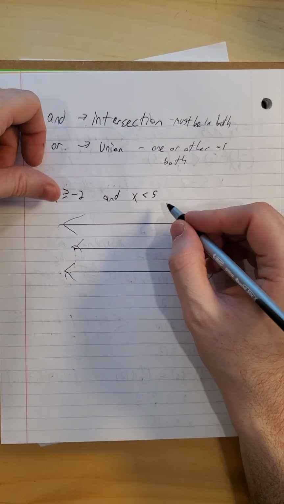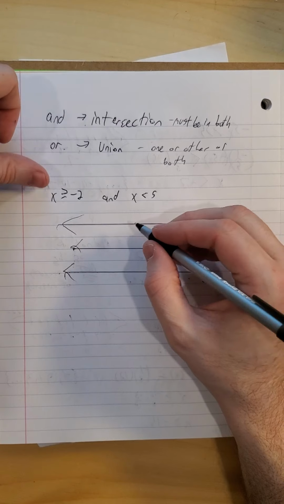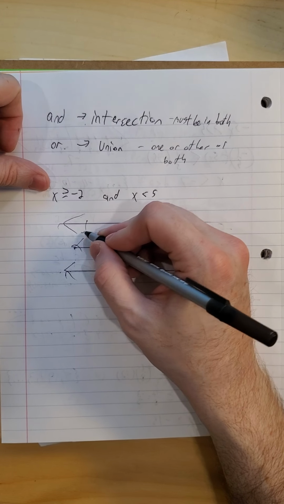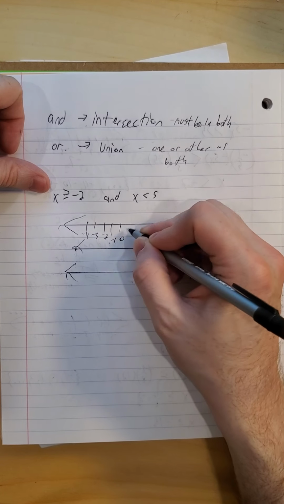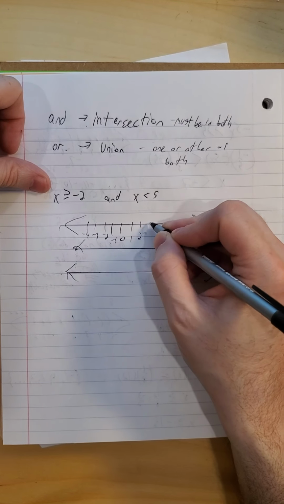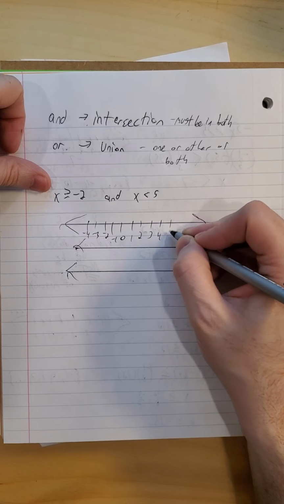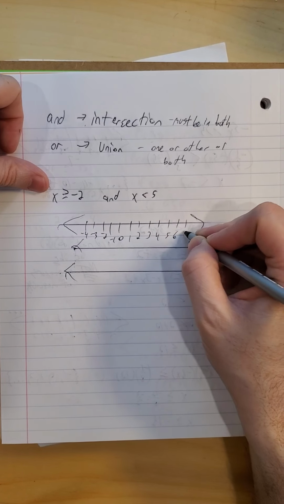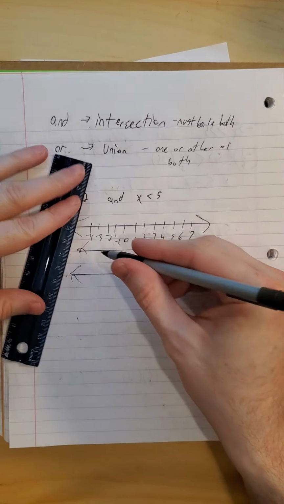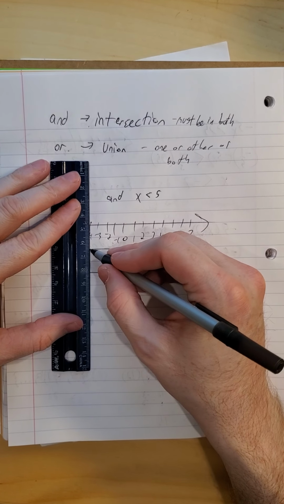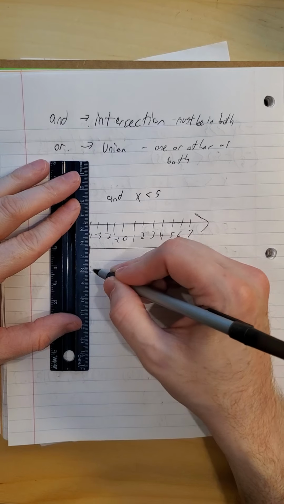So I want both of these numbers to be included on those number lines. So I'll try -4, -3, -2, -1, 0, 1, 2, 3, 4, 5, 6, and 7. Okay, and I'll make that the scale for all 3 of these.